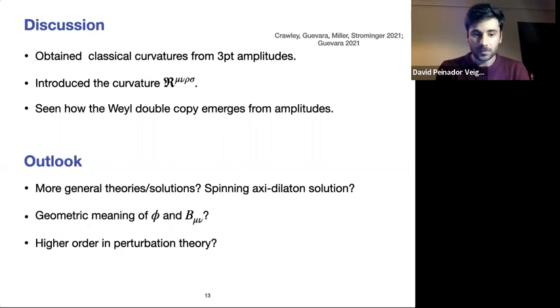It'd also probably be quite good to look at the geometric meaning of the dilaton and the B field, to see if there is any actual significance in that. And of course, the best thing would be to extend this to higher orders in perturbation theory, although this might imply that we have to understand a bit more of the role of gauge choices and the Kerr-Schild simplifications in all this formulation.